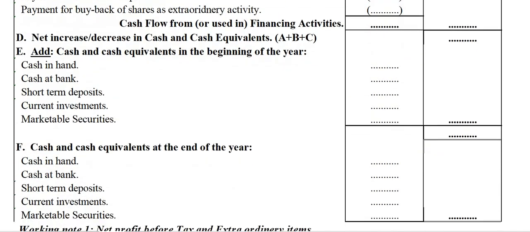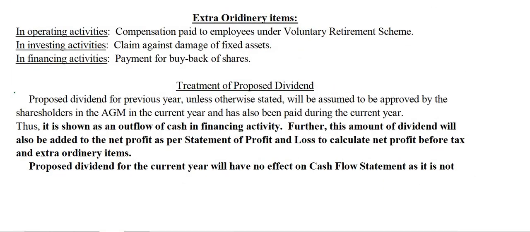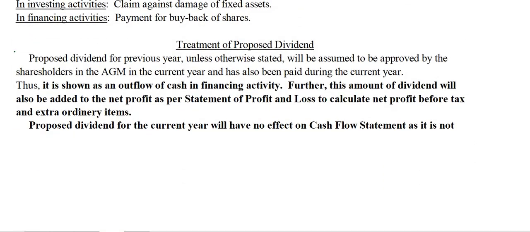Interim dividend is different. Interim dividend means if some dividend is paid in between a year, that is interim dividend. Okay, otherwise it is called the final dividend. Proposed dividend is final dividend proposed. Okay, so it should be deducted as an outflow in financing activity and should be added while calculating profit.